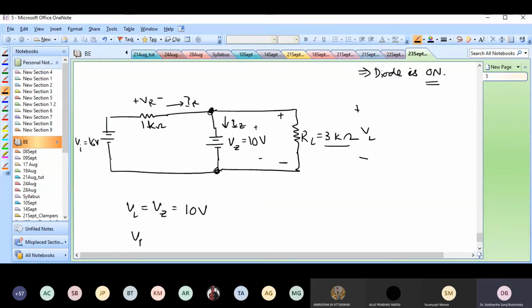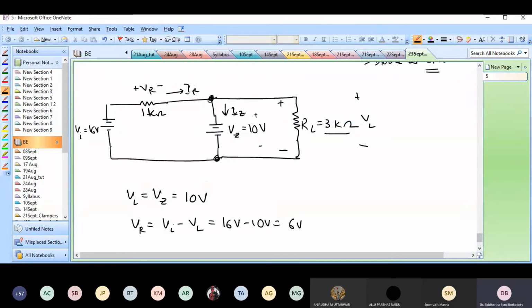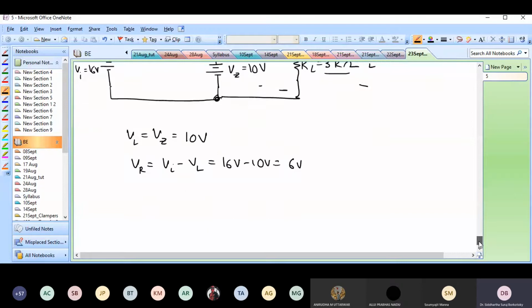Now let's find out VR. VR is VI minus VL, which is 16 volts minus 10 volts, and that is 6 volts. So we are already seeing that the output voltage is now fixed at 10 volts. This is what we wanted, and we are exactly getting that.